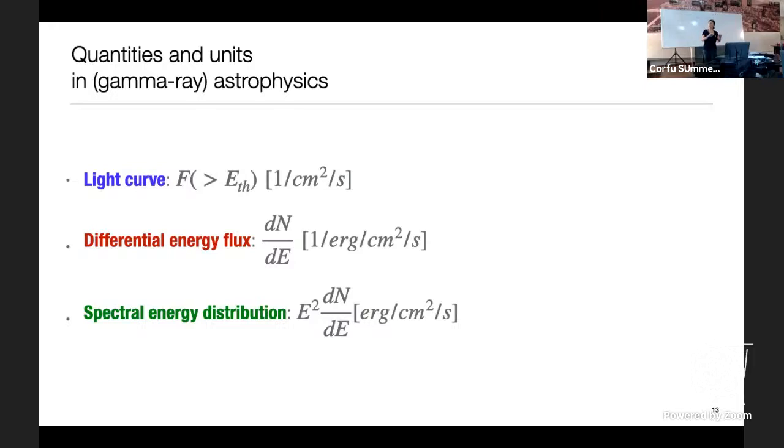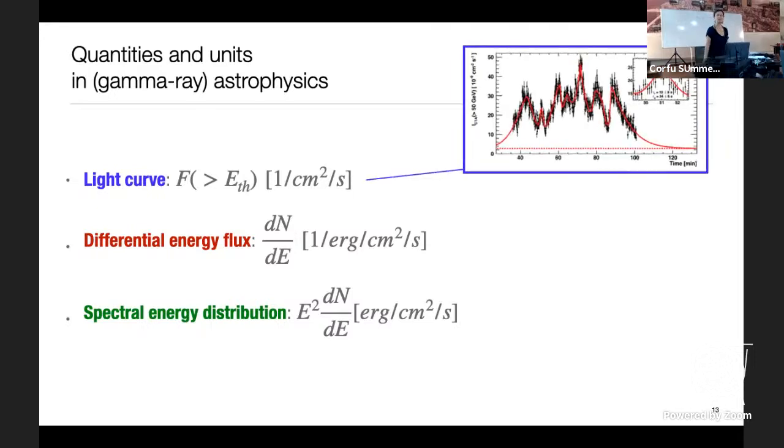I decided to focus on these three different tools. One is the light curve. I'm sure you are familiar with what a light curve is, but let me just repeat it for further reference. A light curve is a flux of photons above a certain energy.